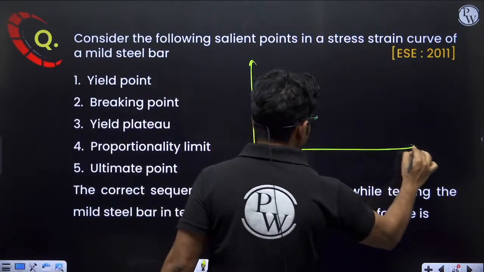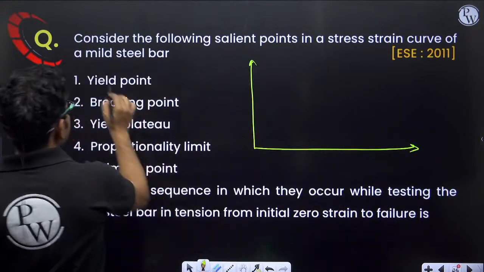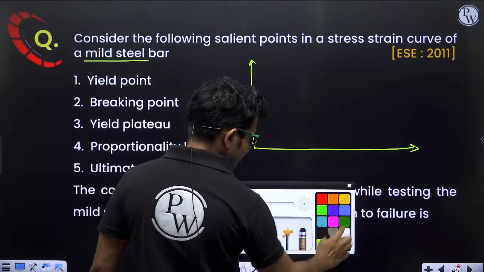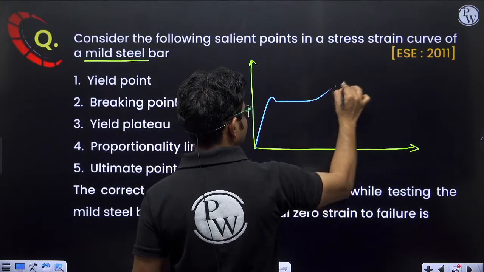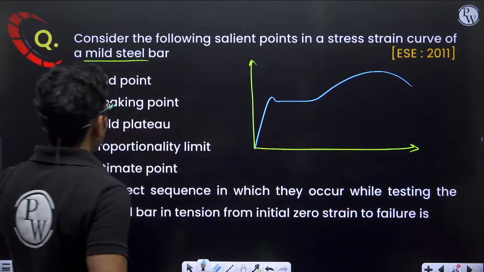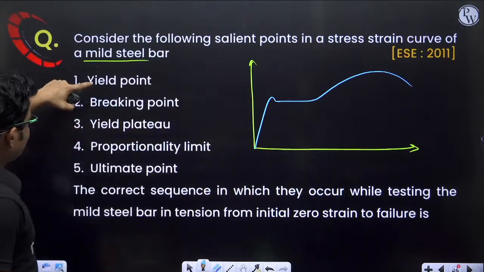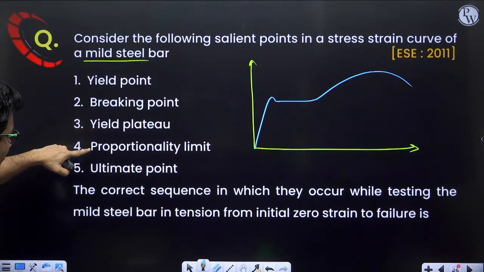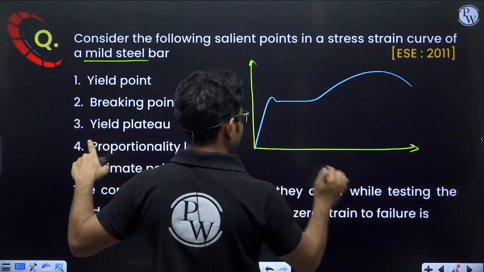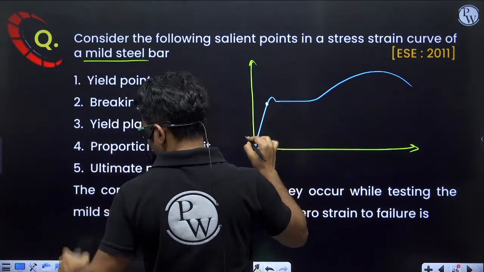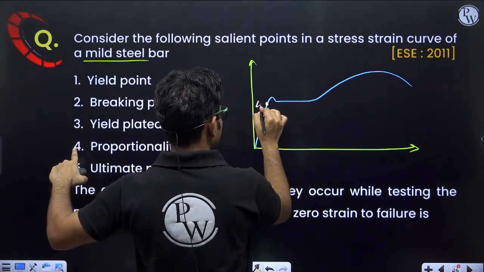If I draw the stress strain curve of a mild steel bar, it is something like this. Among yield point, breaking point, yield plateau, proportionality limit and ultimate point, first we get the proportionality limit, the fourth point.